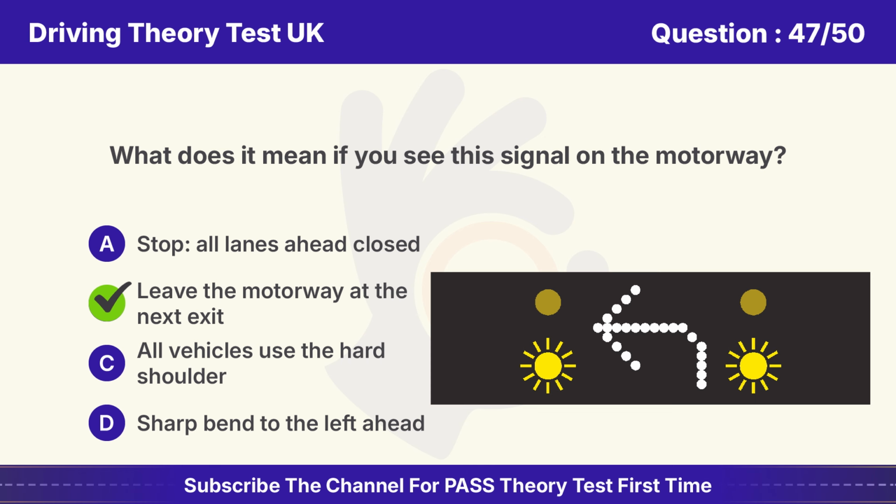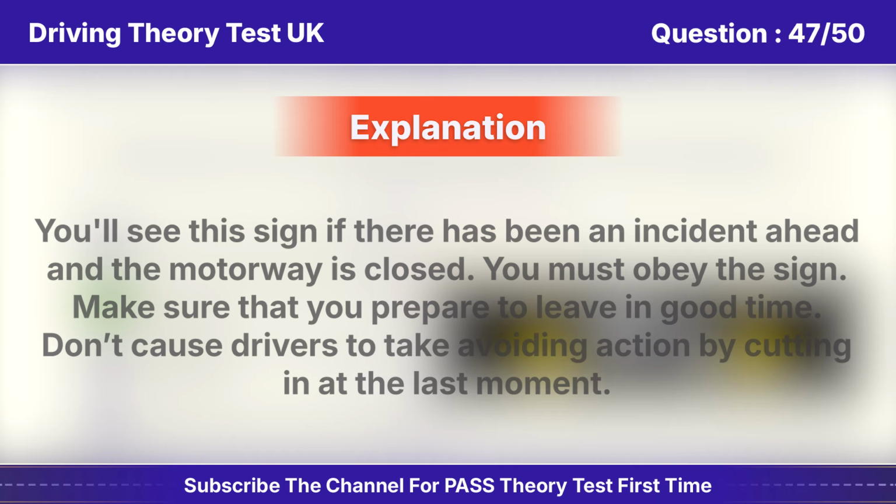Answer is B. Leave the motorway at the next exit. You'll see this sign if there has been an incident ahead and the motorway is closed. You must obey the sign. Make sure that you prepare to leave in good time. Don't cause drivers to take avoiding action by cutting in at the last moment.